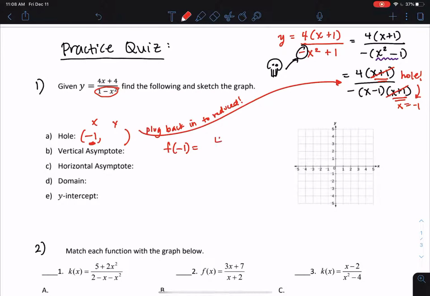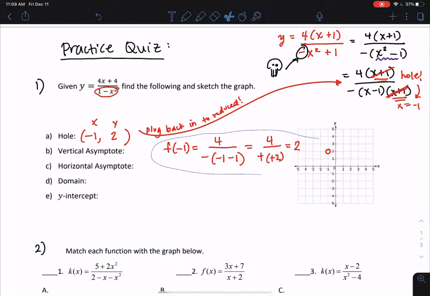Then we get 4 over, so we've canceled out the x plus 1s, so we're 4 over negative parentheses, negative 1 minus 1. And again, we canceled the x plus 1, so we're not going to include it. So that gives me 4 over negative 2, which is 4 over positive 2. 4 divided by 2 is 2. So nice, we found out not only where our hole occurs, but also the y value by plugging that x back in. So at negative 1, 2, we have a hole.